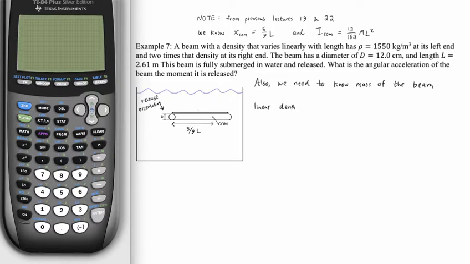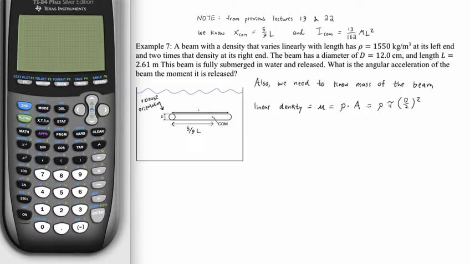So linear density is going to be mu, and it's going to be rho times cross-sectional area, which is rho times pi d over 2 squared.